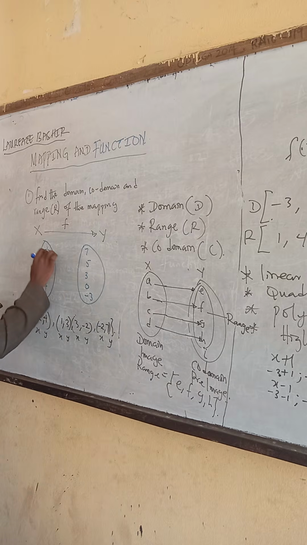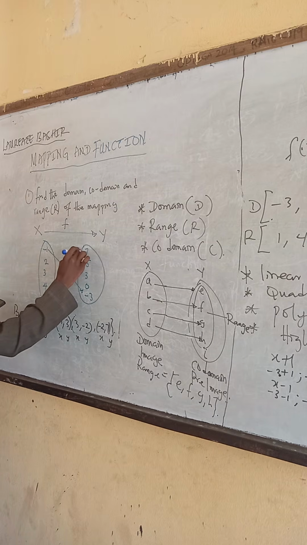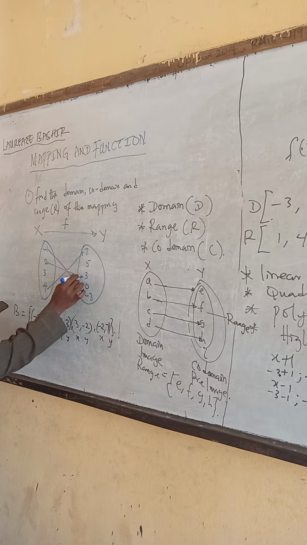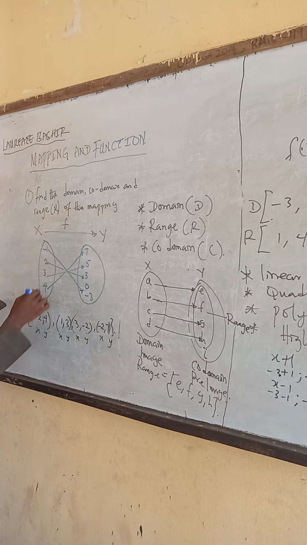Now -1 is mapped to this, 4 is mapped to 7, 2 is mapped to 3, and 3 is mapped to 5. So that's all. We want to find the domain, codomain, and range.